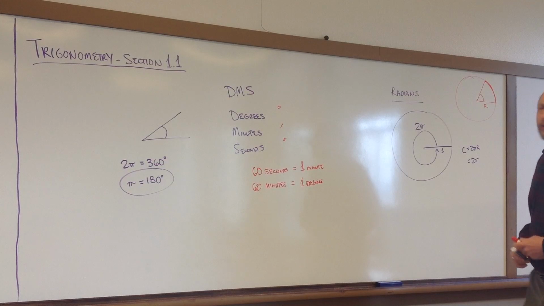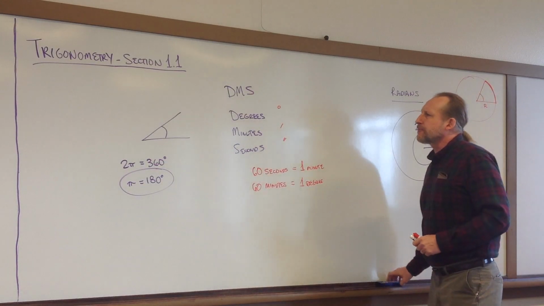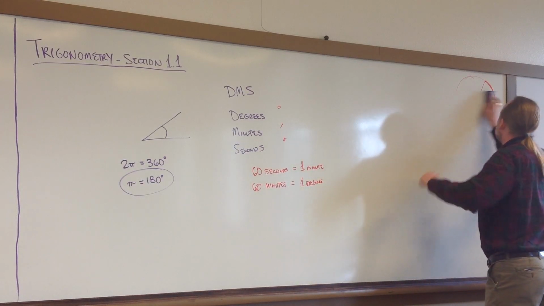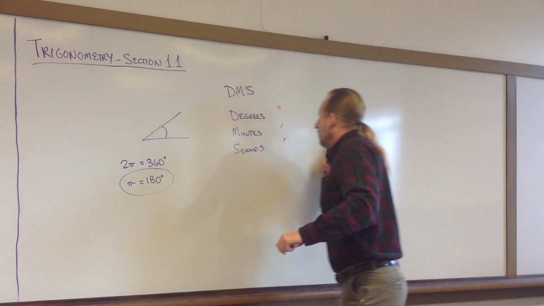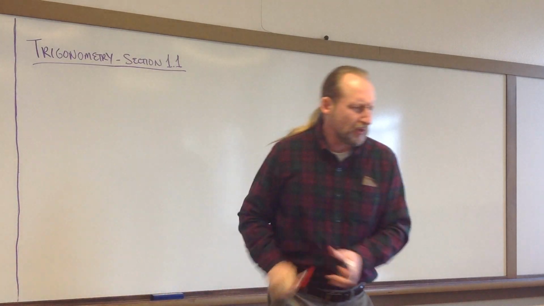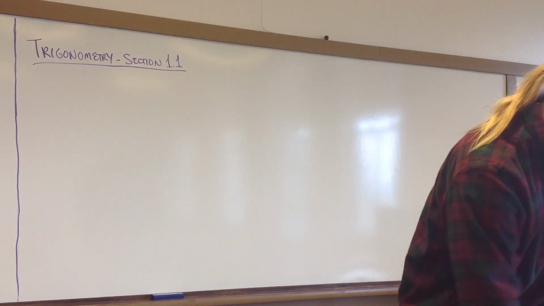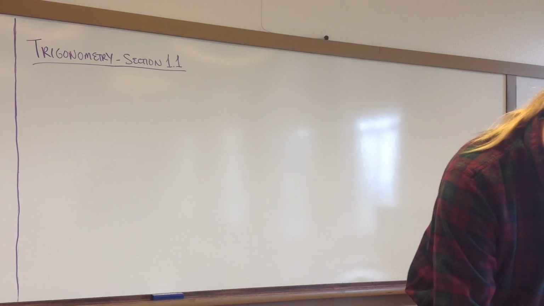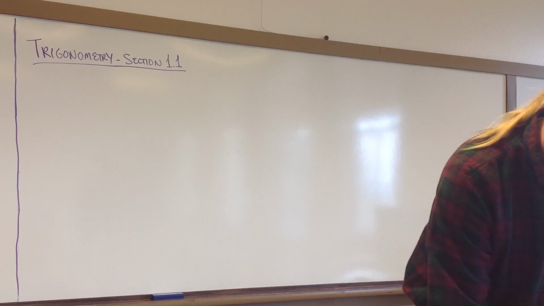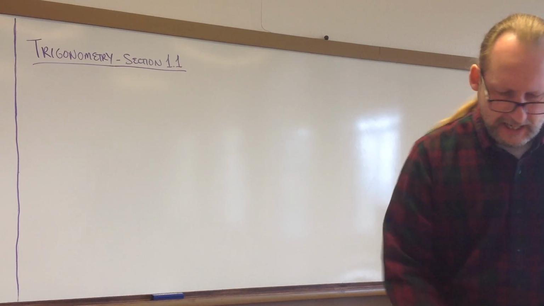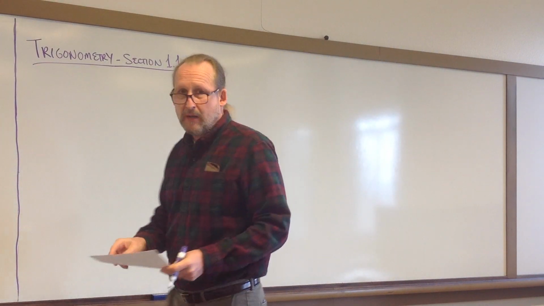Okay, so that's the basic ideas for section 1.1. Let's go over some problems. These are on, I think, pages 11 and 12 in the textbook, so let's take a look at that. The assignment looks like it's a lot of problems.